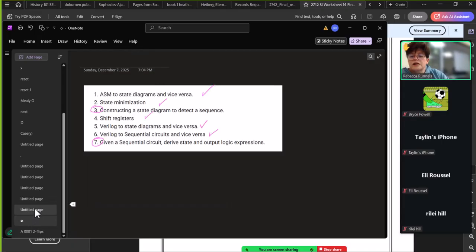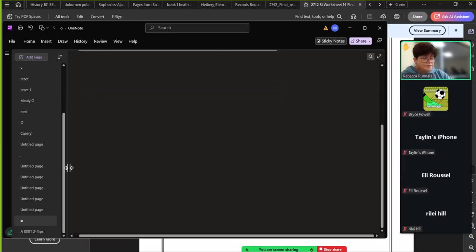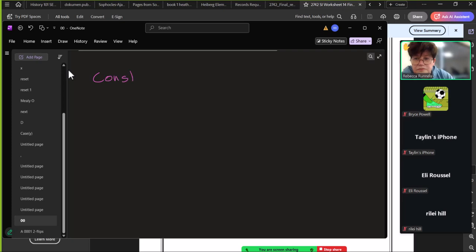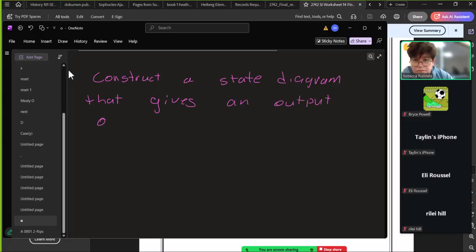No sequence detector. Okay, all right, so I will do a sequence detector. What did it say here? Construct a state diagram to detect a sequence. Okay, so let me do that.